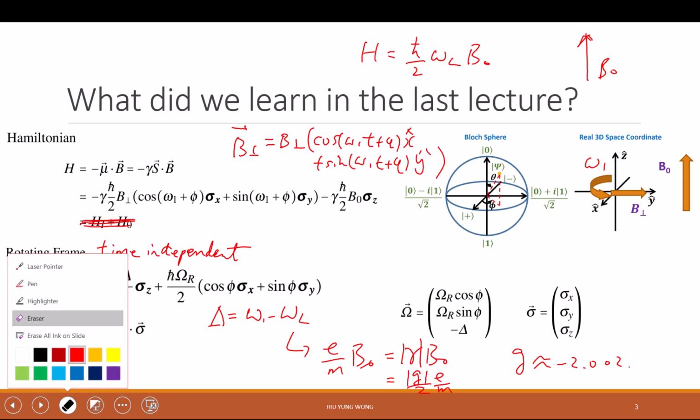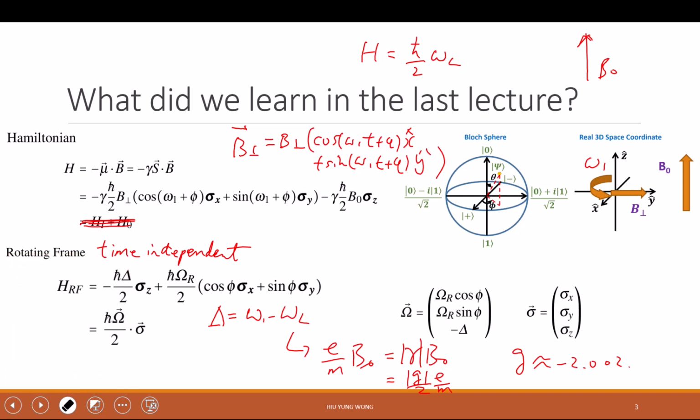Is this right? No, sorry, there should be no B0, it should just be sigma z. So this is the Hamiltonian: h bar divided by 2 times omega L. Basically, if you have a magnetic field, the Hamiltonian is just the precession frequency you have, times that vector.